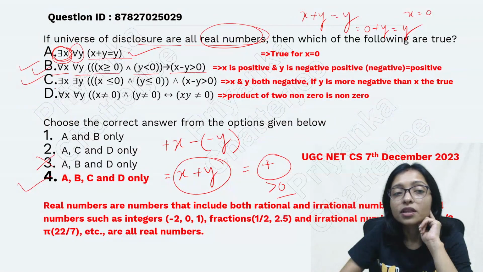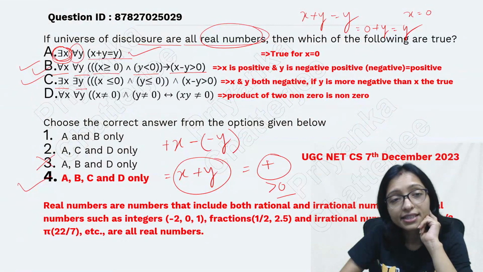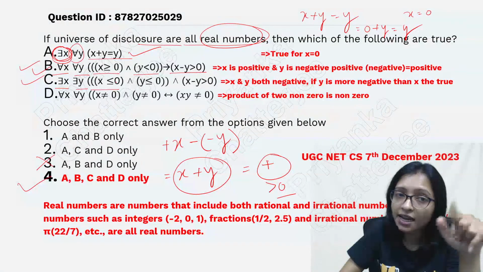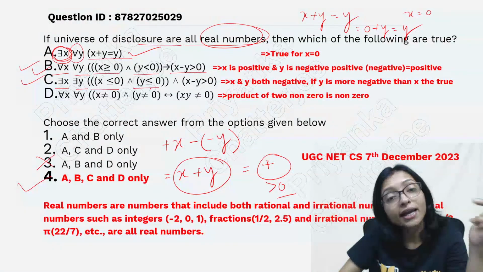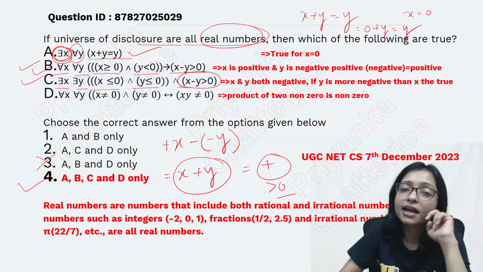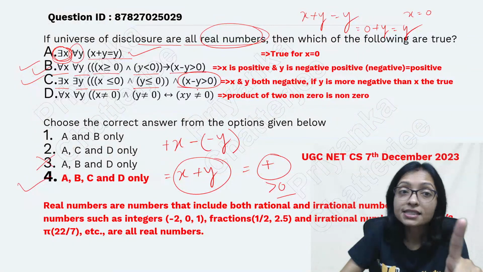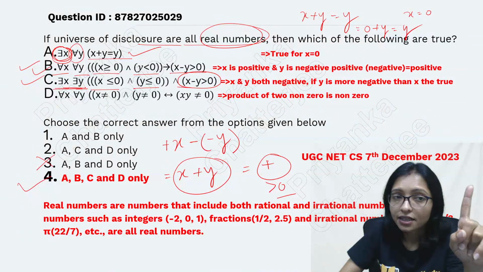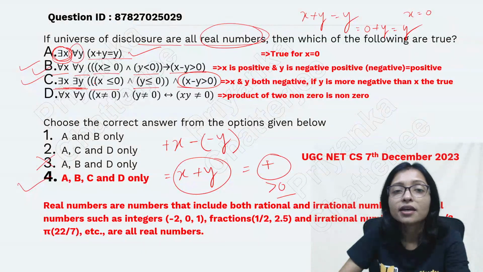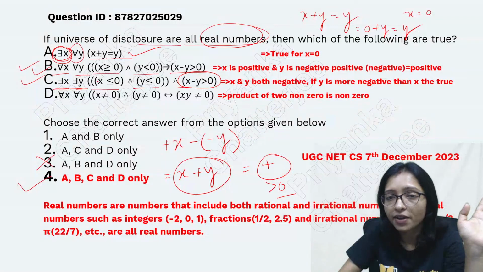Option C. There exists x, there exists y, x less than or equal to 0 means x is a negative number, y is also a negative number, then x minus y greater than 0. It is asking there exists, meaning for some x and some y, if you are able to prove that, that is fine.